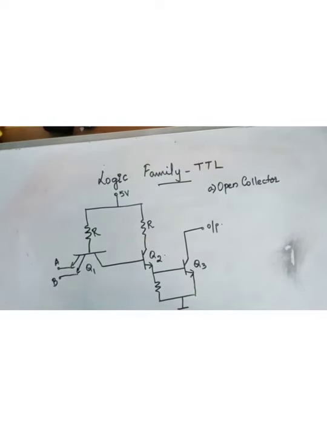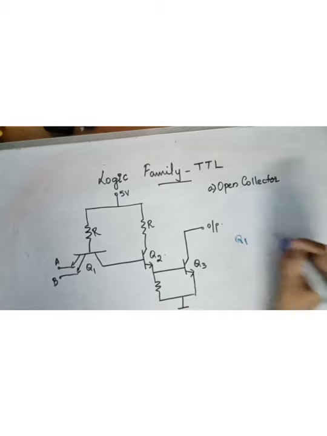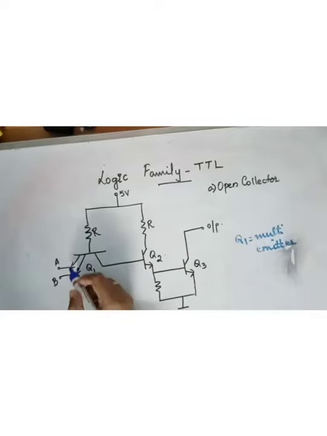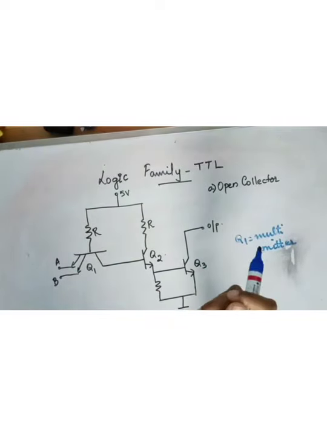So in this, we can see that you have a multi-emitter transistor Q1. That is, you have two emitters. Usually a transistor will have a single emitter, single base and a single collector.